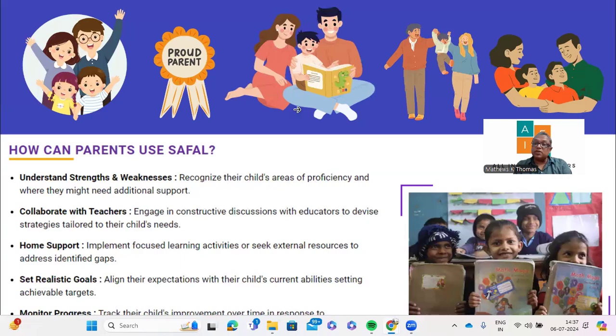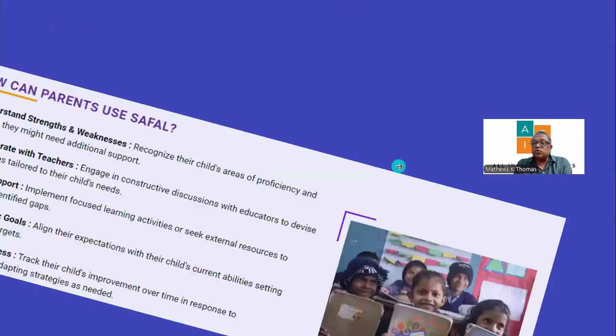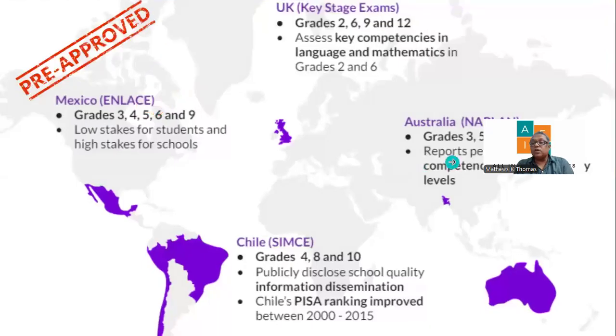Encourage the child and say, okay, from 30 you became 60, I'm proud of you, next time aim for 70. So a realistic goal has to be set. Then the child will feel that it is achievable, and anything which is achievable, the child will try. If you say, I don't want below 95, the child may not even try. So it's important to assess our children in a very realistic way so that the results are concrete.